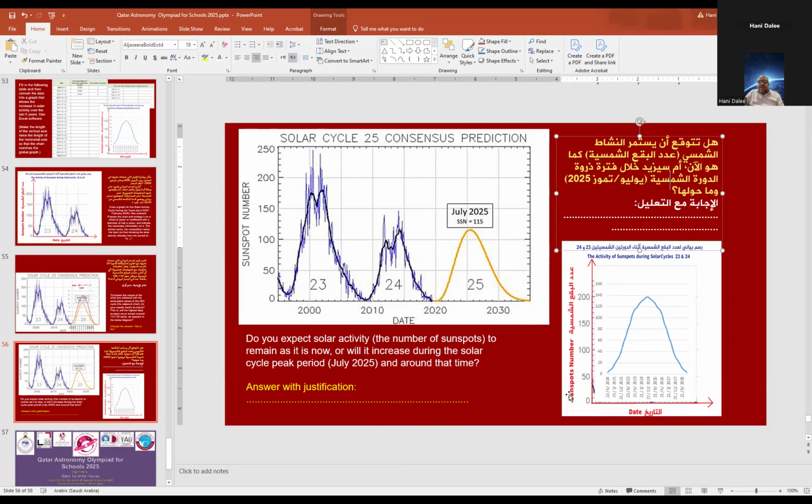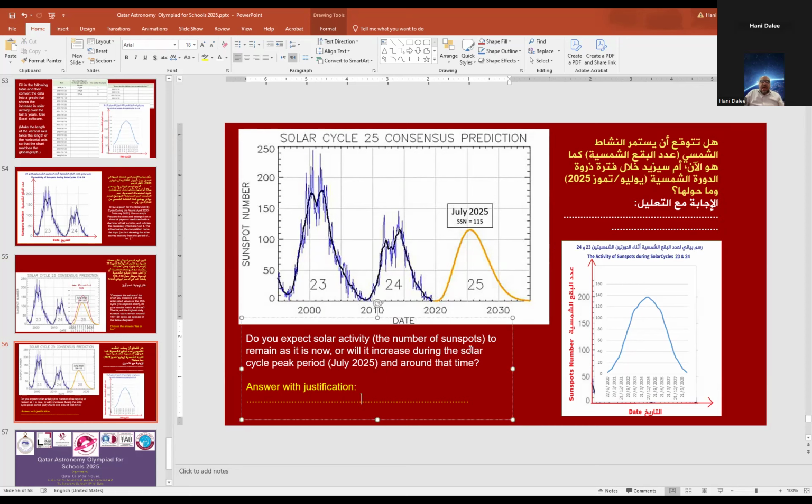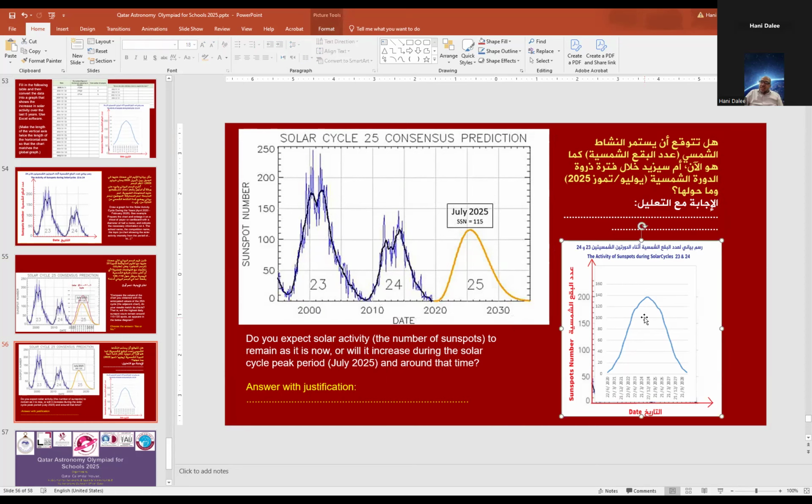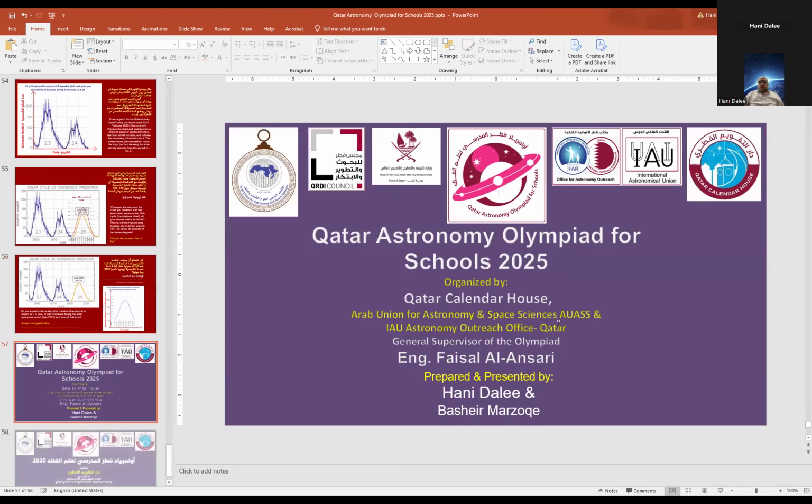You need to give me the answer here in English, and submit this diagram. You will make it on a half-meter board, and you will submit it in the exhibition at the end of the competition. So these are our Olympiad projects.